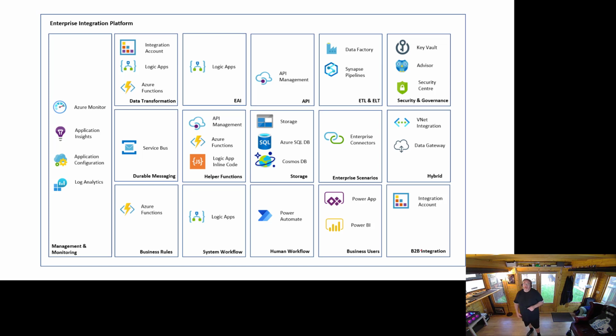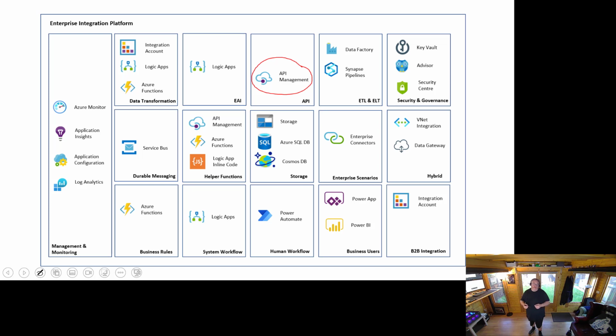So if we think about where in your architecture you might use API management, there's a number of different scenarios. If you're building an Azure integration solution, API management is probably going to be a really core part of your platform. You would use that to expose services that you might build with Logic Apps or Azure Functions to external parties.